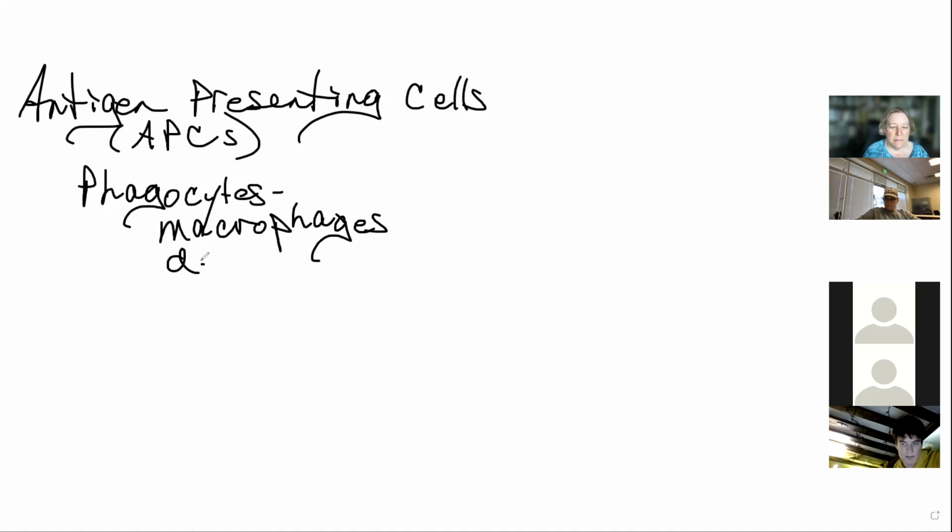And dendritic cells. Okay. So these are cells of the innate immune system that their job is to phagocytize. Okay. So when we talk about B cell and T cell maturation, we'll come back to these.